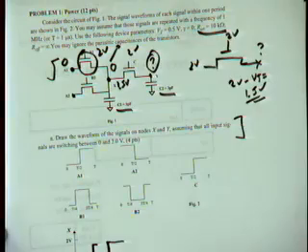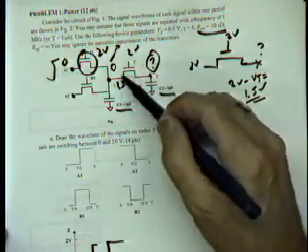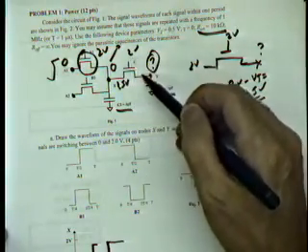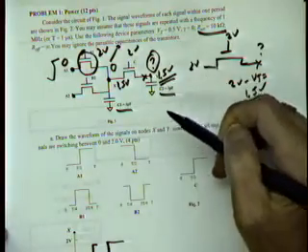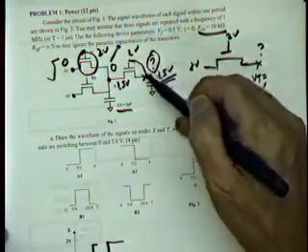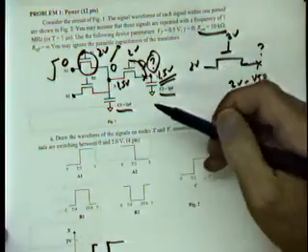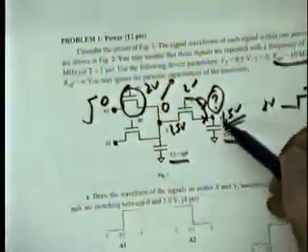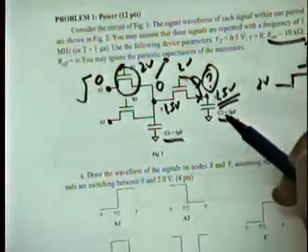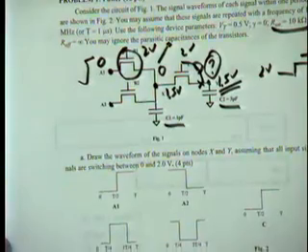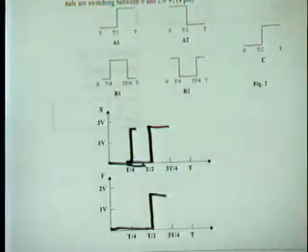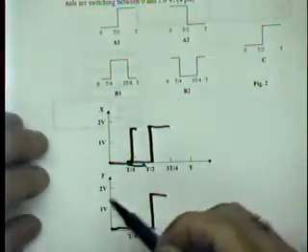The answer is no, right? Because see this signal here, the VGS, this is perfectly capable of charging this node all the way up to 1.5 volts. Once it gets to 1.5 volts, the VGS drops below VT and the node shuts off. But this can go all the way very nicely to 1.5 volts. So we're going to see at time T2 that this node is also going to go to the 1.5 volts.